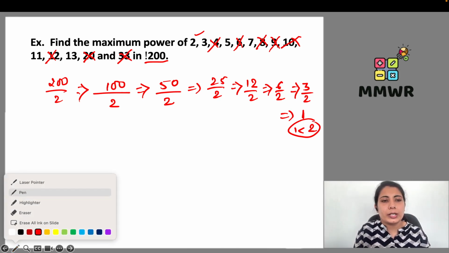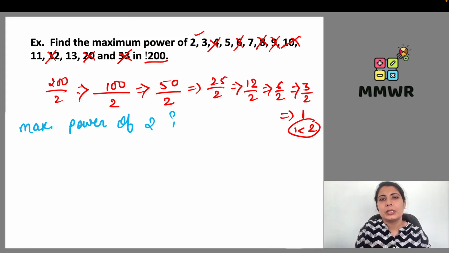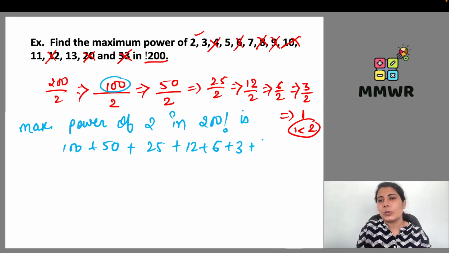What quotients I got? So maximum power of 2 in 200 factorial is 100 plus 50 plus 25 plus 12 plus 6 plus 3 plus 1.